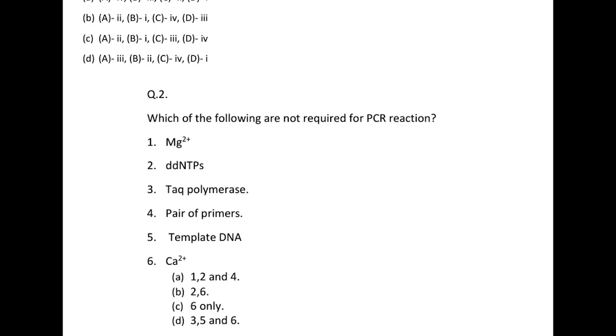So ddNTPs are not required. You need Taq polymerase. You need a pair of primers that will be required for the annealing, and then the extension is done by the DNA polymerase by adding the dNTPs. You need the template DNA, and you need a buffer that has magnesium. So you don't require calcium, and you don't require ddNTPs. So 2 and 6, that is B.